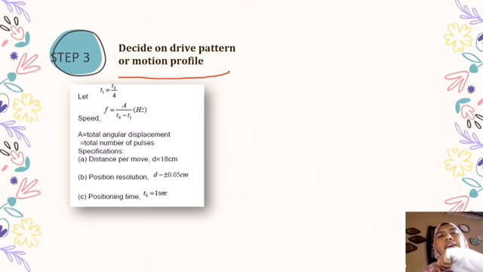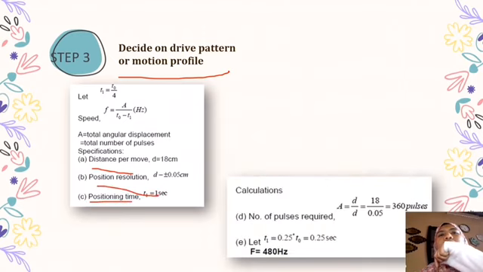Then the specifications needed will be distance per move, position resolution, and the last one is positioning time. And the calculation will be number of pulses required, and the last answer will be F equal to 480 Hz.